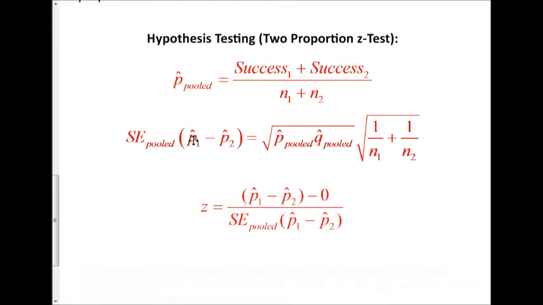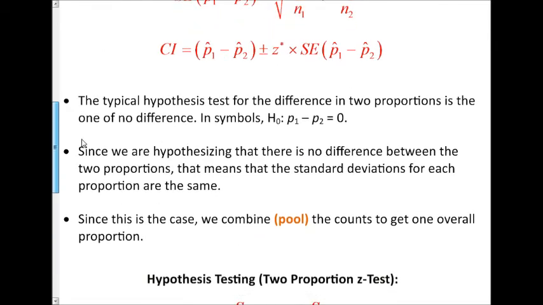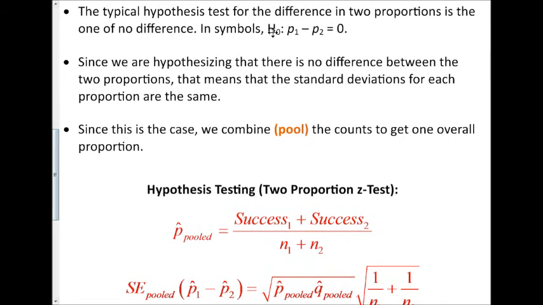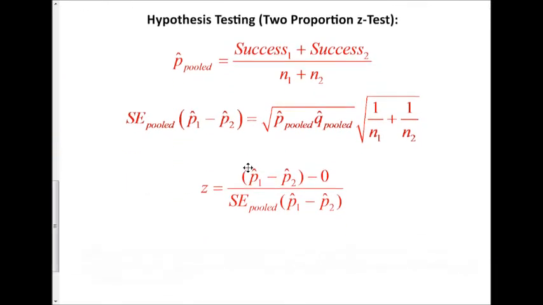So in a hypothesis test, you're always using the null hypothesis that the difference between the proportions is 0. That is always the case. Now if you remember back when we did one proportion, we said that the z-score was the sample minus the null, divided by the standard error. It just so happens the null here is 0.